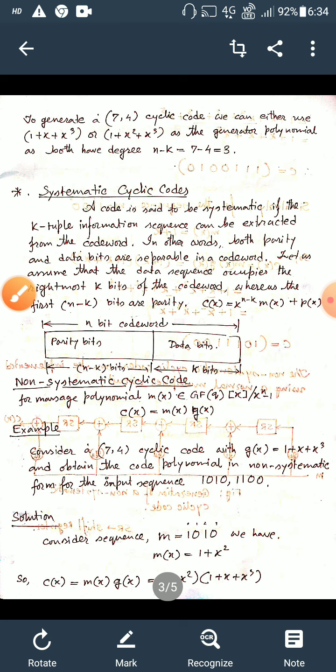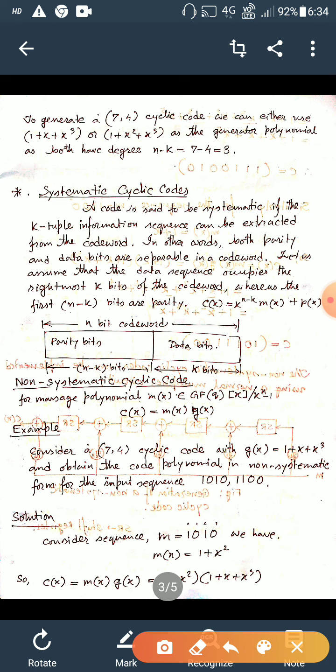The question, or example, is given: consider a 7, 4 cyclic code with the generator polynomial given as 1 plus x plus x cube. Already we know that for the 7, 4 code, the generator polynomial can be either 1 plus x plus x cube or 1 plus x square plus x cube.